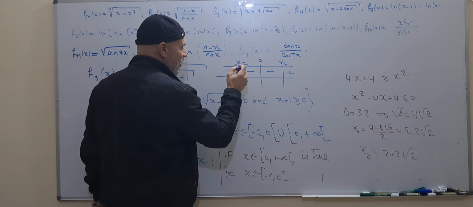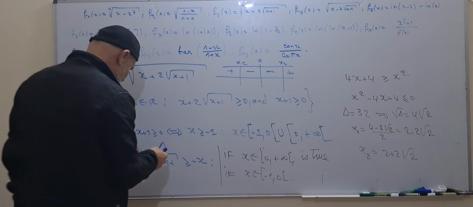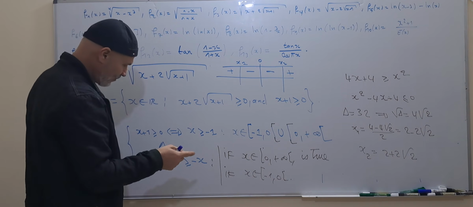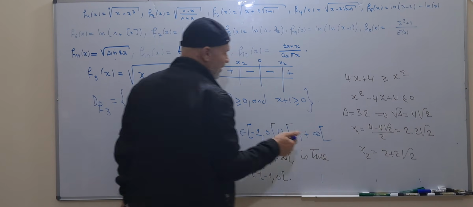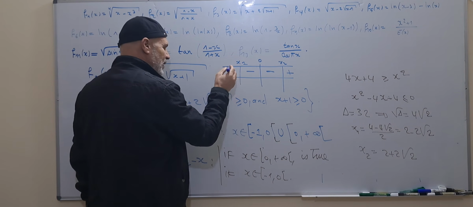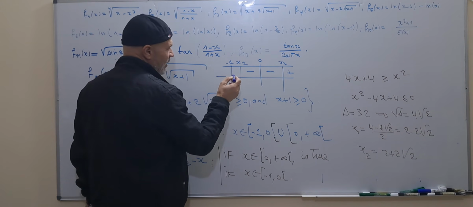But we are interested just between minus 1 and 0. But 2 minus 2 square root of 2 is somewhere here, minus 1 is somewhere here.